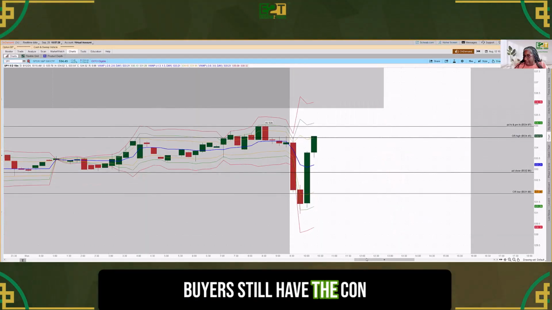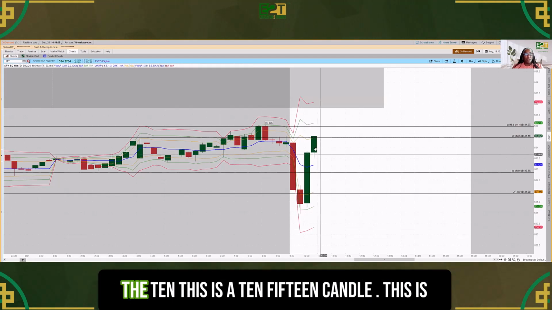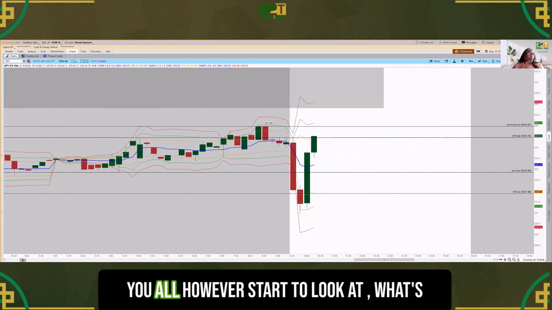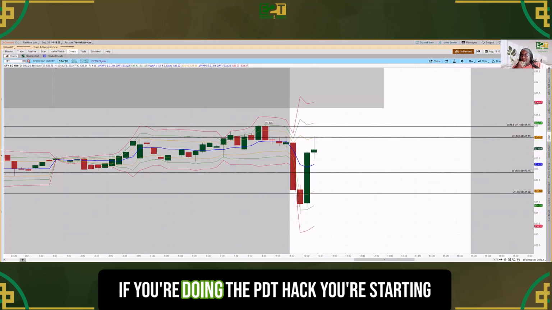Buyers still have the control. So now we're at the 10:30. Actually, this is the 10:15 candle. This is around the time where you all start to look at what your entry is going to be, if you're doing the PDT hack.